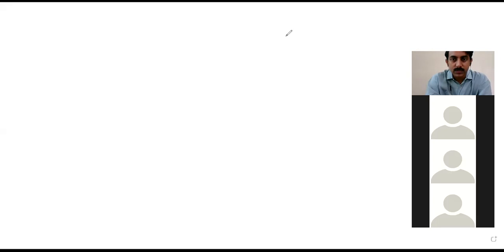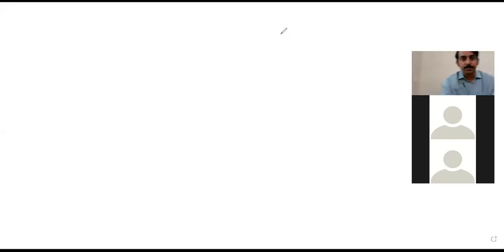So today we will see what the different rules are when drawing or developing a network diagram, and we'll try to see the importance of network analysis in project management. This is important from the project management perspective.